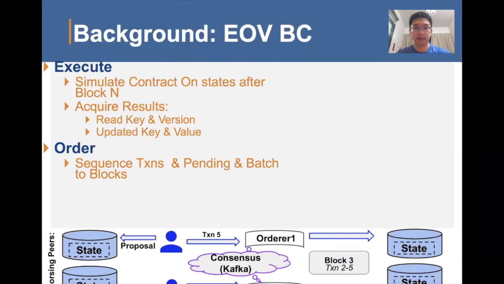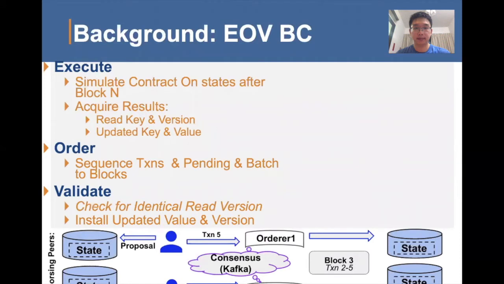The last phase first checks that the transaction read records are still up to date and then applies the install update. Due to the validation step, a block may contain aborted transactions, which reduces the system throughput.